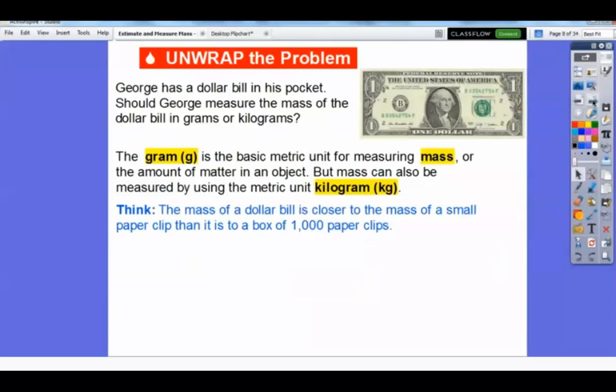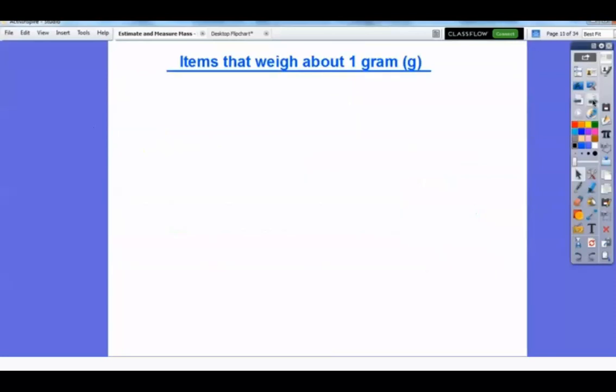So what do you think the mass of the dollar bill is closer to, the 1,000 paper clips or 1 paper clip? Well, I think it's probably closer to a small paper clip than it is to a box of 1,000 paper clips. So since the paper clip was 1 gram, George should measure the mass of the dollar bill in grams, okay? Easy enough.